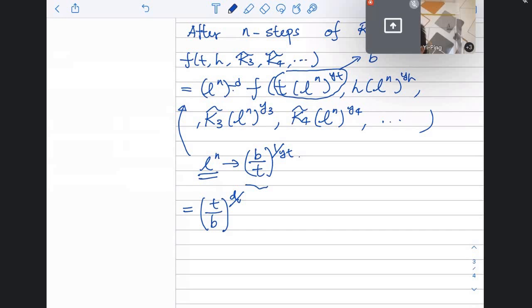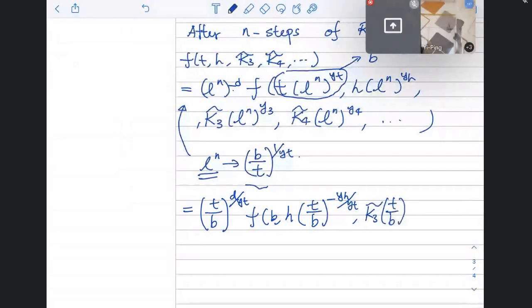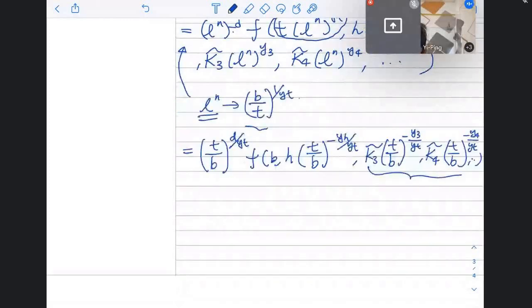And the function f is going to be replaced by f of b to the power of minus yh divided by yt times h. 3 tilde, but now with t divided by b to the power of minus y3 divided by yt. Okay, 4 tilde also looks like this, and so on. Basically all the rest are those irrelevant couplings.